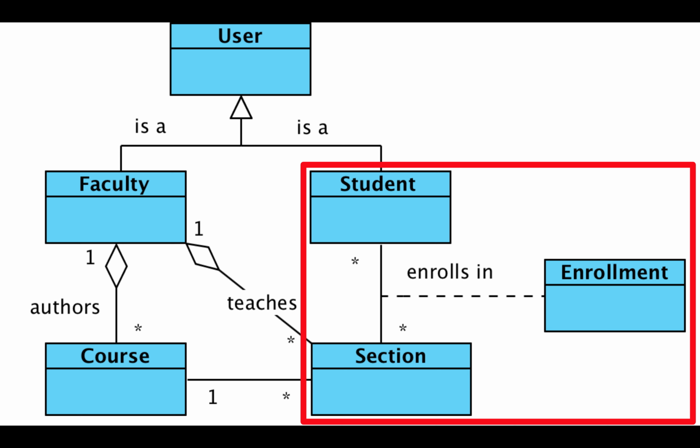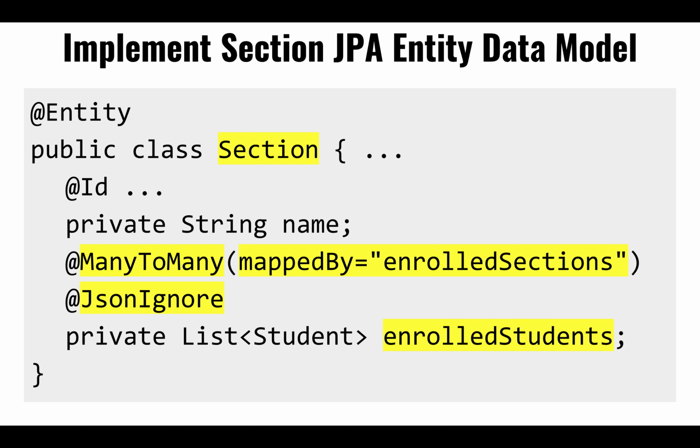To implement a true association, from the section you would have a one-to-many to students. Sorry, you would have a separate, completely different class called enrollments, and the enrollment would be participating in two one-to-many relationships. It would go from section one-to-many to enrollment, and from student you would have another one-to-many to enrollment.